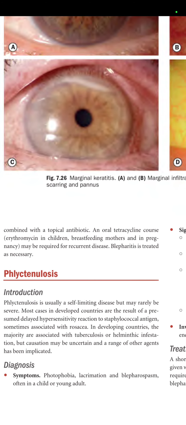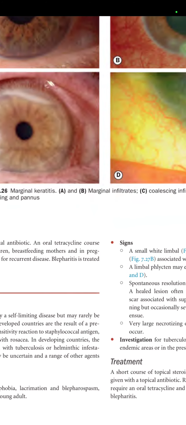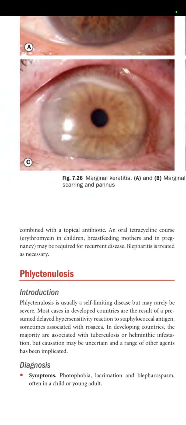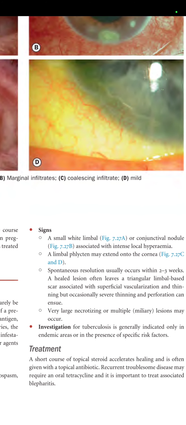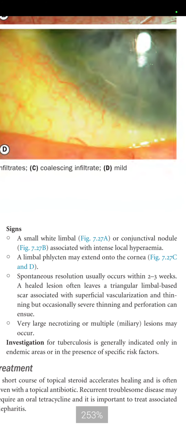Diagnoses are photophobia, lacrimation, and blepharospasm, often in children or young adults. So the patient complains of sensitivity to light, increased tear production, and blepharospasm, which is contraction of the eyelid. Signs are a small white limbal band or conjunctival nodule associated with local hyperemia.